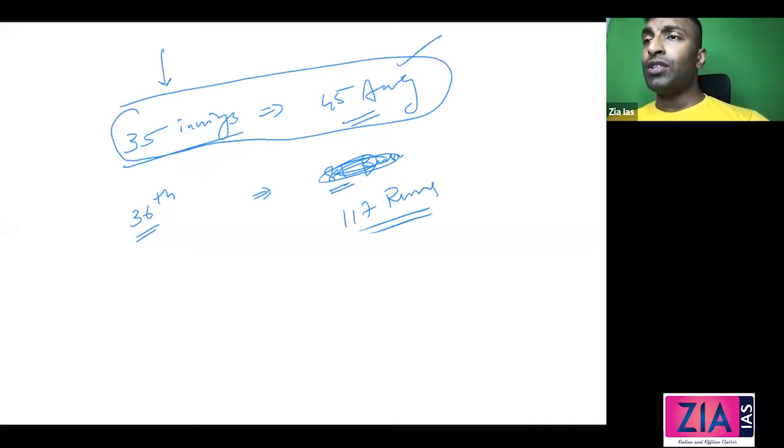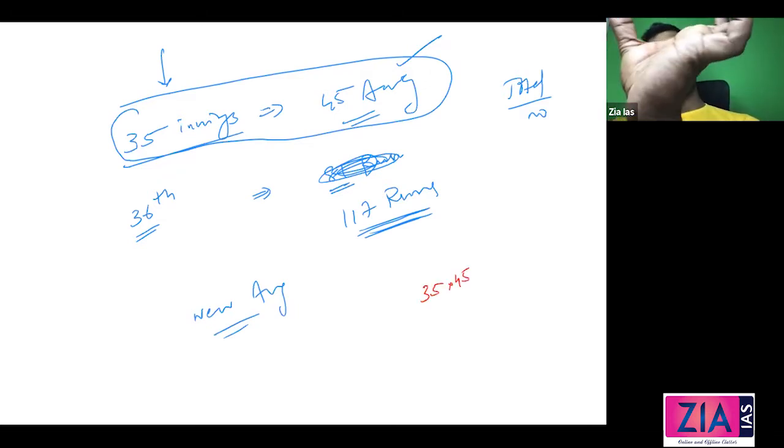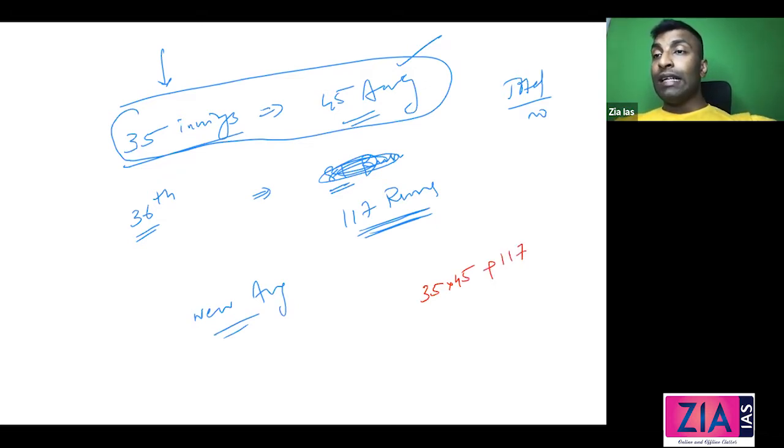Guys, what do you mean by average? Total divided by number. Here, total runs divided by number of innings. So 117 in the new innings, in the 36th innings. What is the question? New average, or average after 36 innings. So what people will do, 35 into 45, you will get the total runs till 35 innings, plus the new innings 117, divided by 36, divided by total.